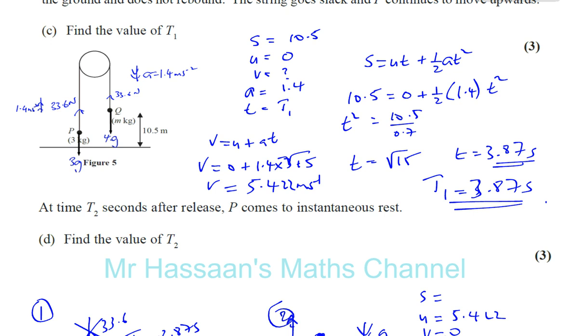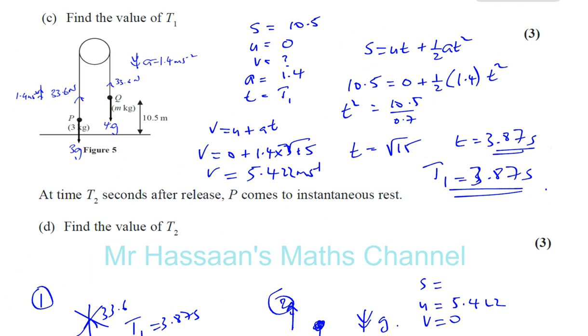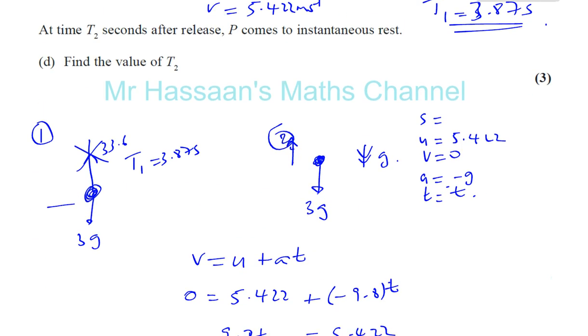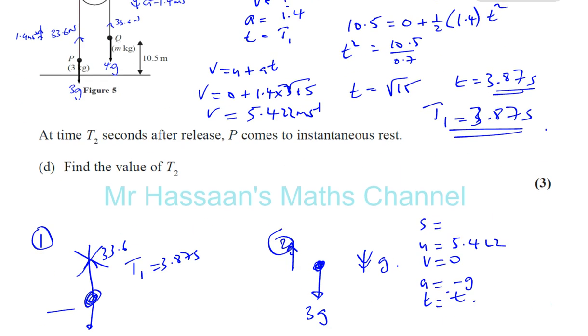And the extra amount we found, 0.5532, was the time it took for it to come to rest, as it's not being pulled by the string anymore, just gravity is acting, pulling it down. So there we have the answer for part C and D, and I'll do the answer for part E in the next video.